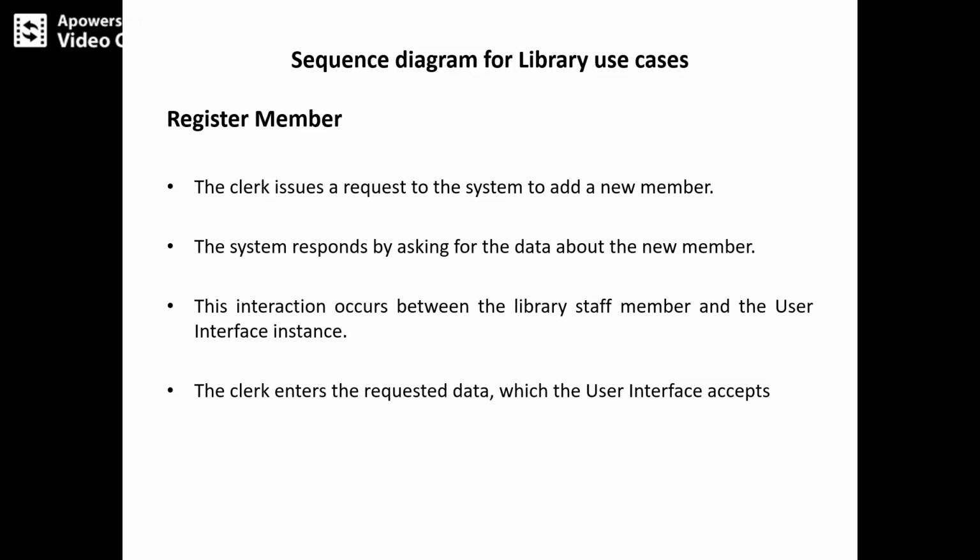This interaction occurs between the library staff member and the user interface. The user interface sits between the library staff and the system, passing things sequentially and getting the reply back to the customer. The clerk enters the requested data, which the user interface accepts.